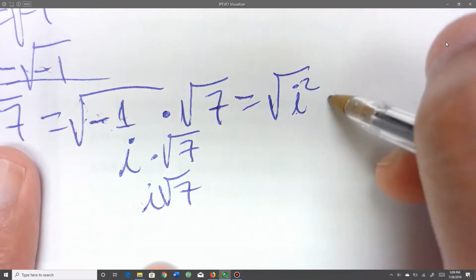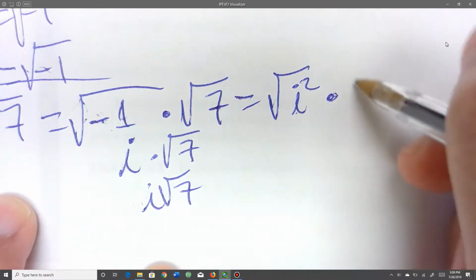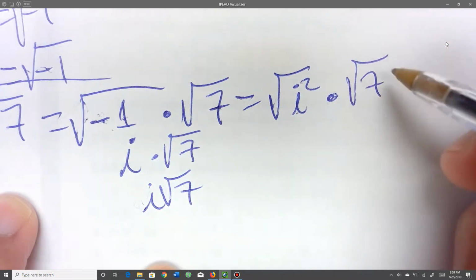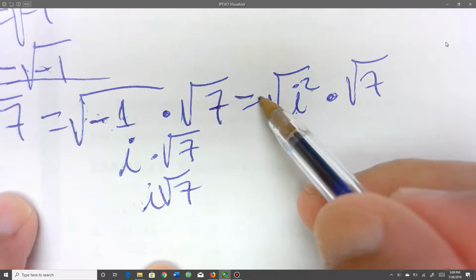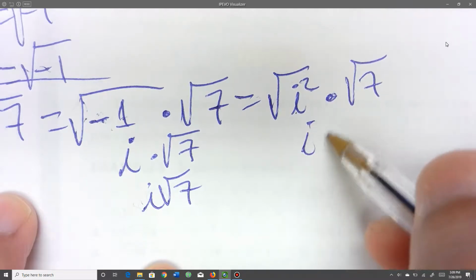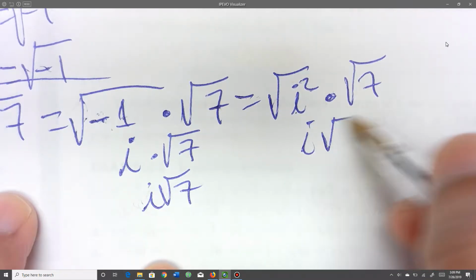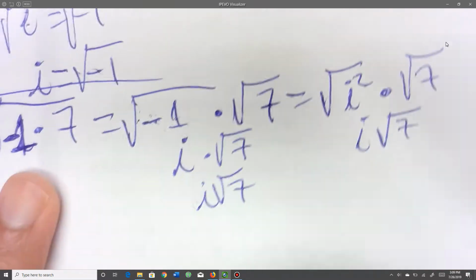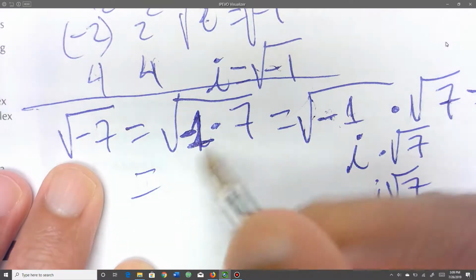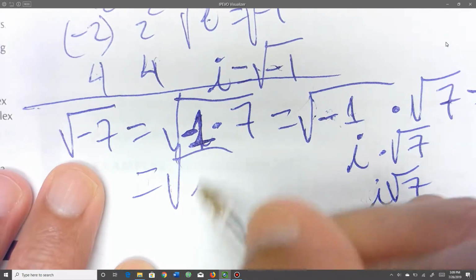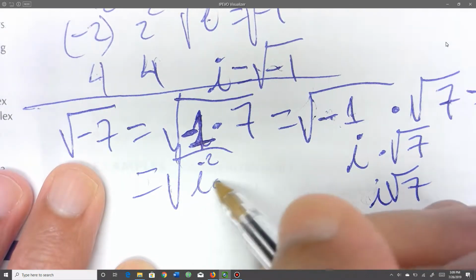And from there, you can multiply times 7. I squared, since it is to the power of 2, you can bring it outside the radical sign there, leaving the square root of 7. You can also go from here to I squared, writing it as I squared times 7.